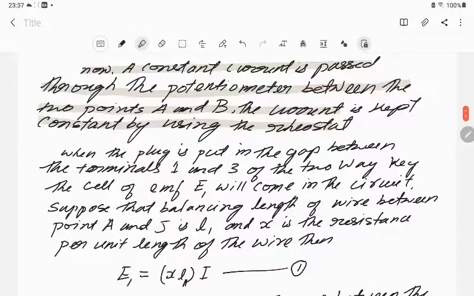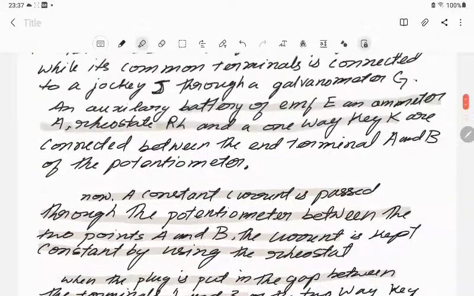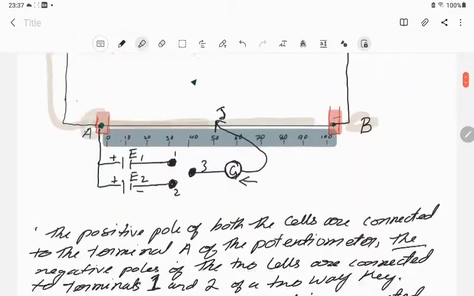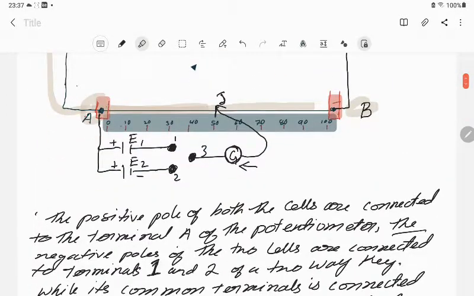Now when the plug is put in the gap between the terminals 1 and 3. So terminal 1 and 3, where is the terminal? This is the two-way key. Two-way key means switch, just like your light switch, but it has two ways.